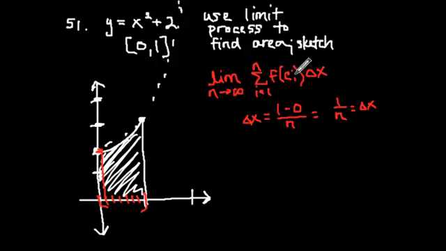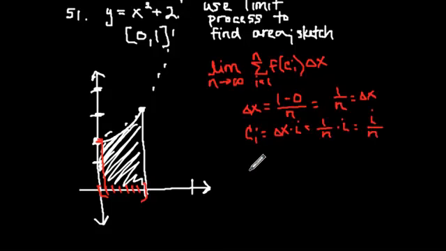And just because I'm more comfortable with it for c sub i, I'm going to go ahead and let c sub i equal delta x times i. So in other words, 1 over n times i. Okay, so this is my final setup. I'm going to have the limit of the sum from 1 to n.